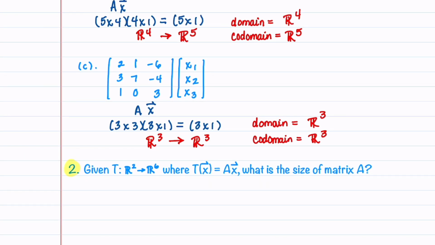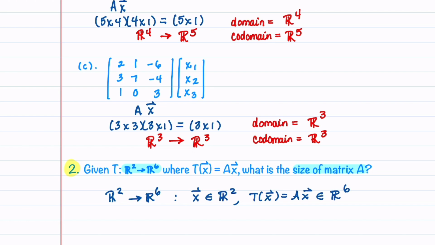Let's now look at our second example. We're given a transformation that maps a vector in R2 to a vector in R6, and we're asked to find the size of matrix A. Our transformation R2 to R6 means that x is an element of R2, and that T of x, or Ax, is an element of R6.